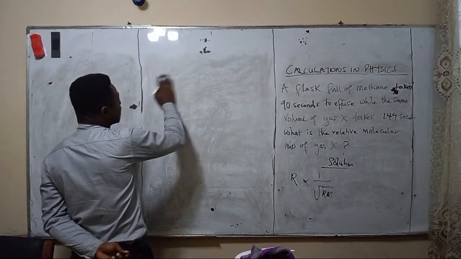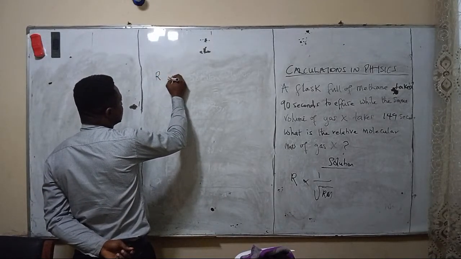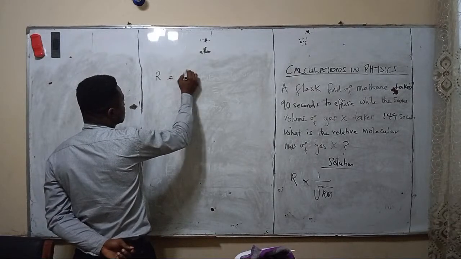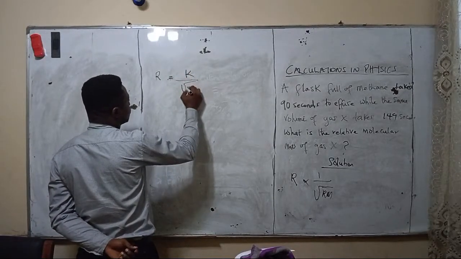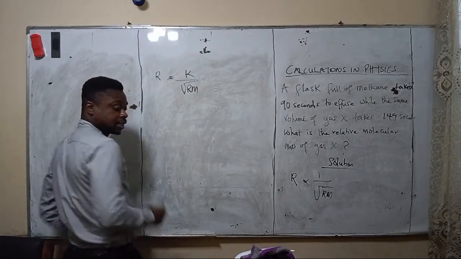If you now make it a constant, R is equal to K over the square root of M.